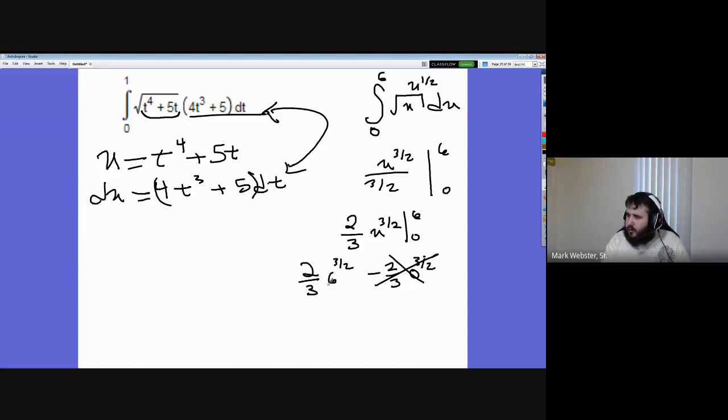Well, 6 to the 3/2, right? That's the same thing as 6 cubed and then take the square root. One thing you can do is think about it like 6 to the 1 and 6 to the 1/2, right?